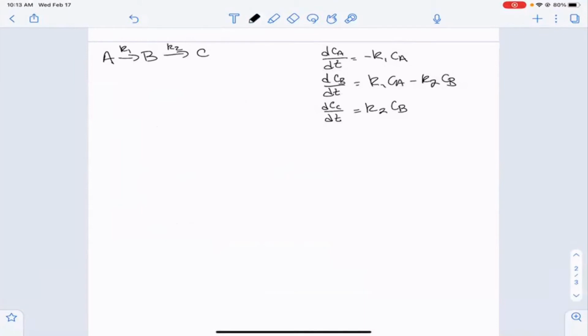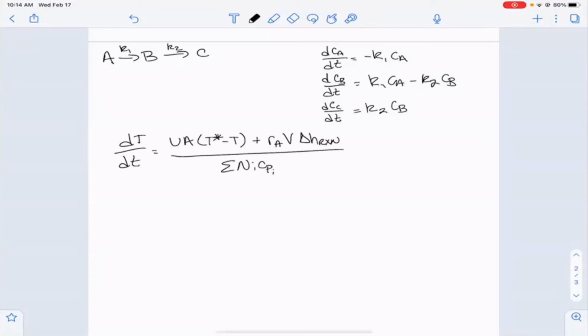and then plugging that in here and getting the concentration of C. Now, of course, the non-isothermal part of our design makes this a little bit more complicated, because our result of dT/dt equals UA times T star minus T plus RA V times delta H of reaction divided by the sum of Ni Cpi is complicated, for the same reasons it was in our previous example, except there's another hiccup here.